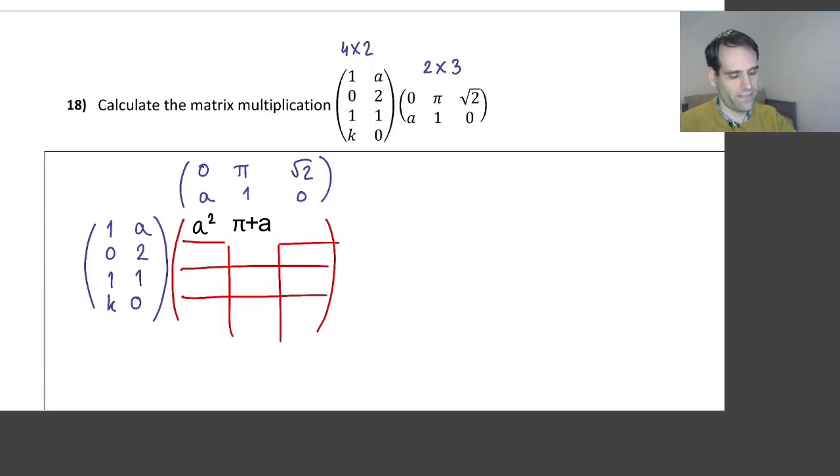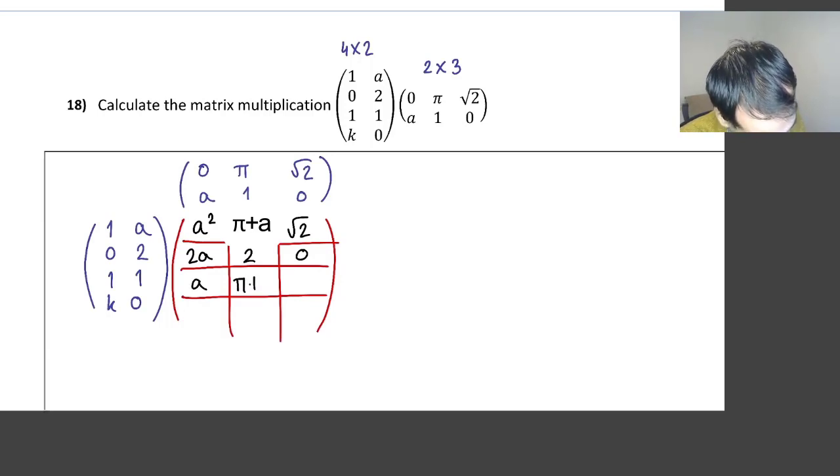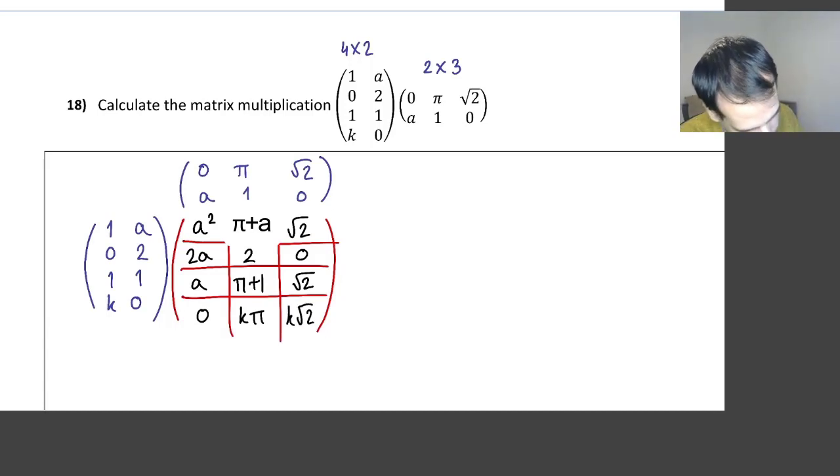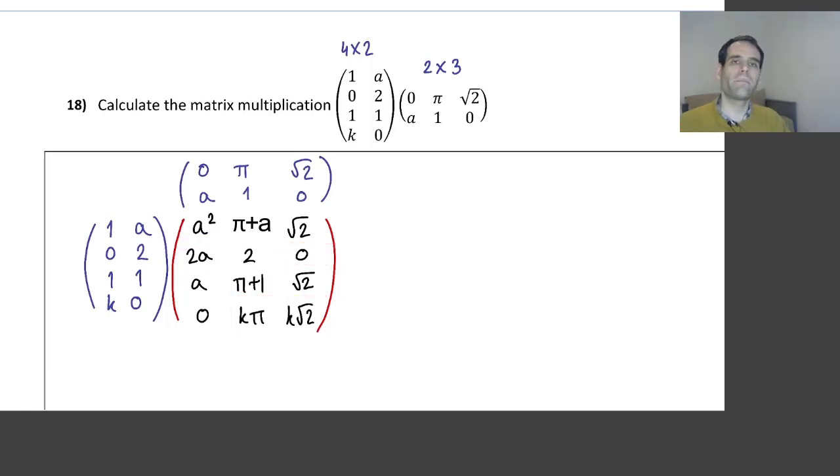So let me do that fast. And that finishes this matrix. So that is the resulting matrix.